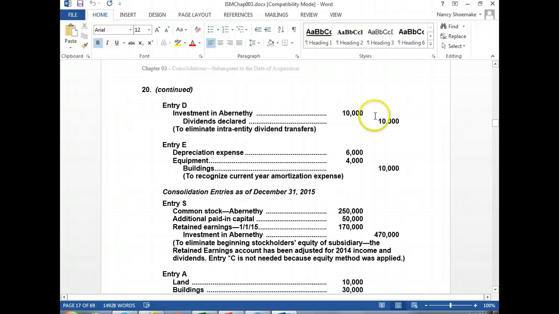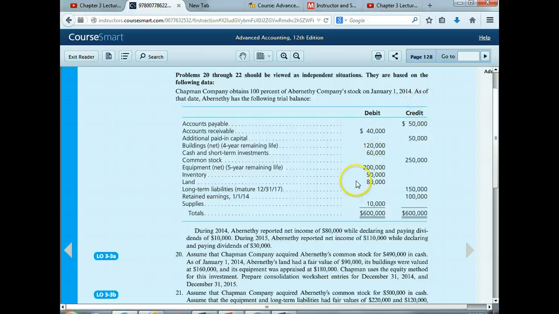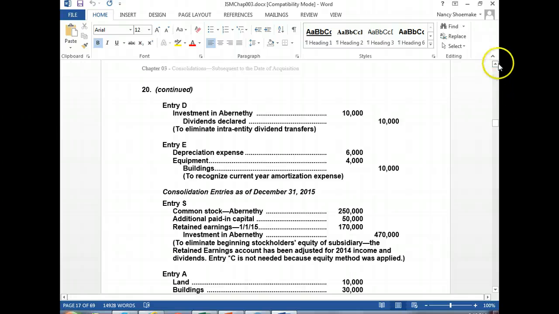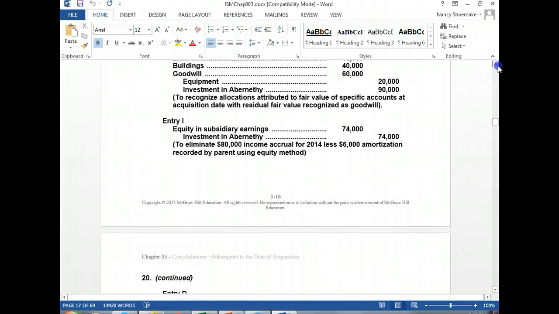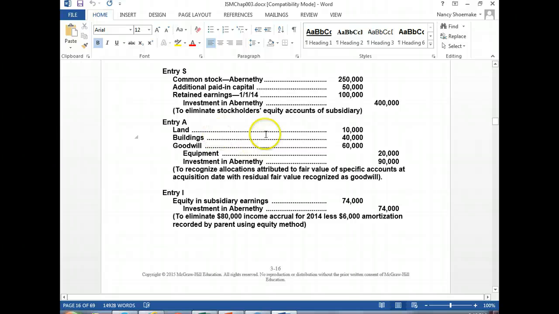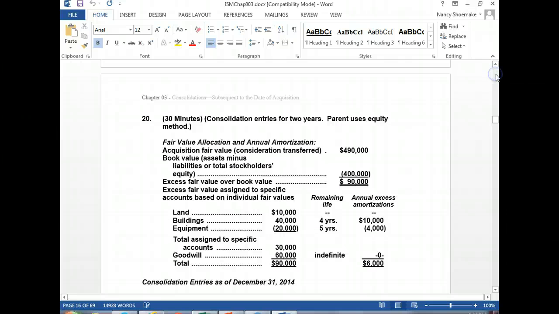Then we need to recognize the amortization we have to take each period. Now, our amortization is based on that excess amount, which is up here. This excess amount shows the building. We're going to amortize $10,000 a year. The equipment gets a negative amortization of $4,000 a year.